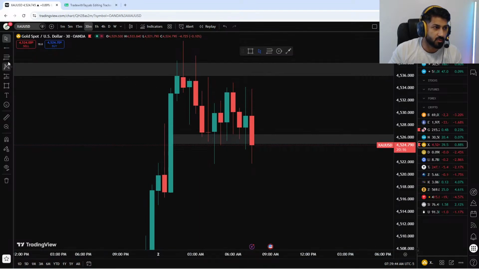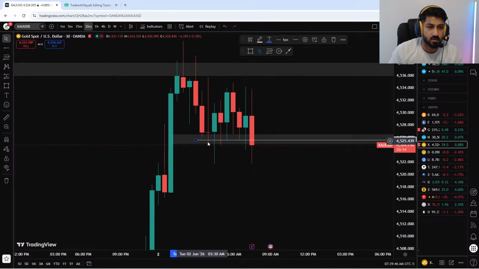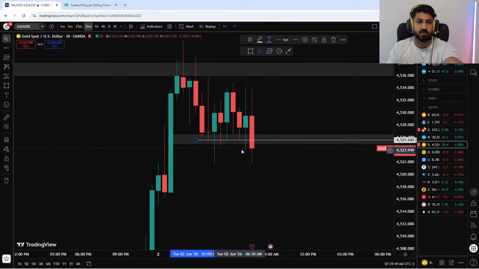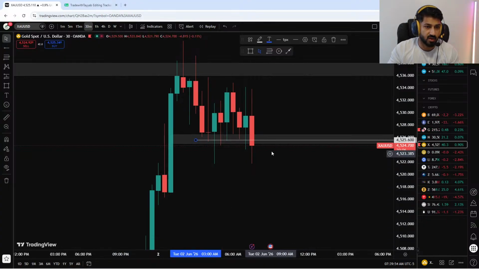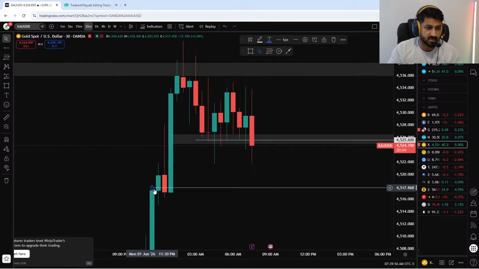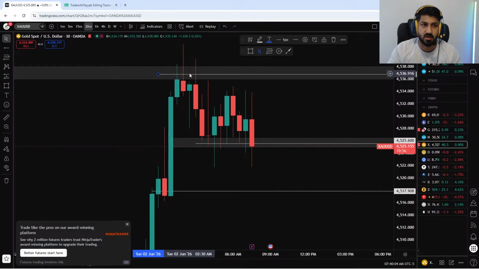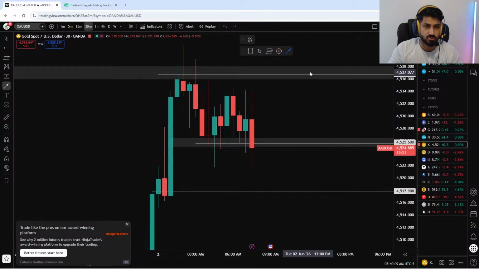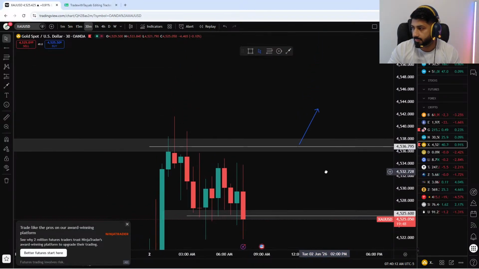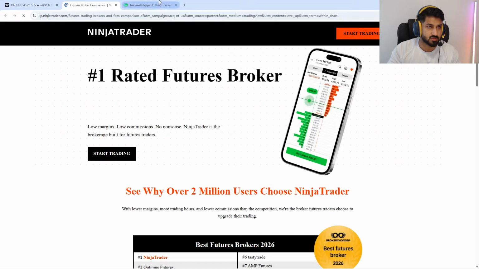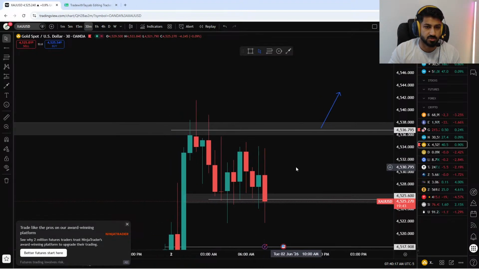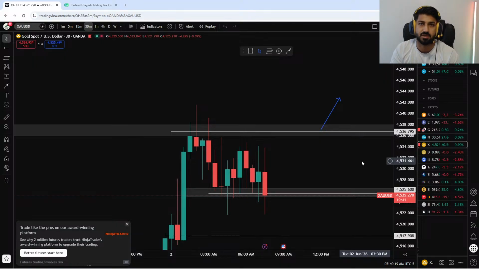So I would wait for price to either break and close below this area, something like this, and the next candle to drive down to these areas, or on the flip side, the candle to break and close above this area for it to continue to push on the upside. That is something that I will be looking forward to, and that's how you do quick analysis.